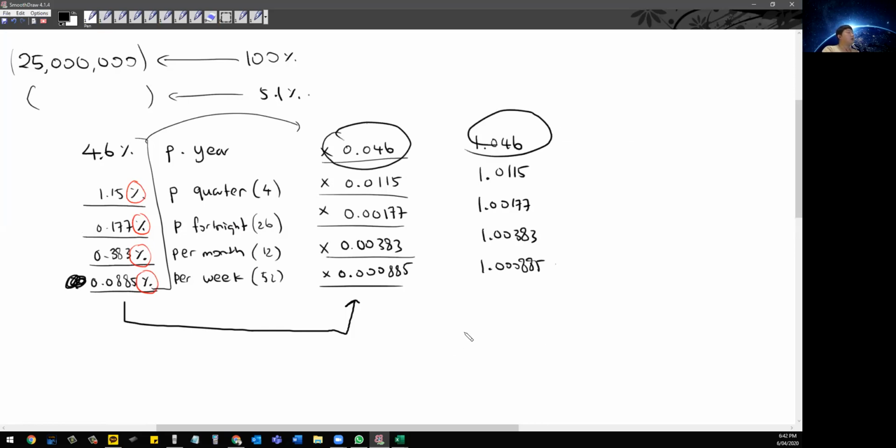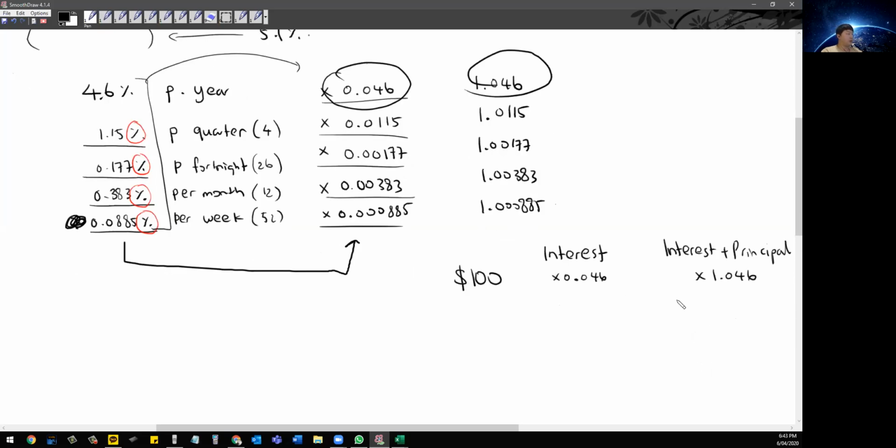Again, if I have $100, and I just want to know the interest, then I multiply by 0.046. If I want to know the interest plus the principal, then you multiply by 1.046.